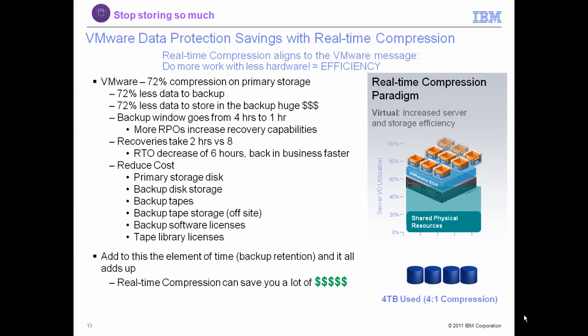Your backup windows shrink by a factor of 4. You're allowed to get more RPOs to increase recovery capabilities. Your recoveries take much less time, and you reduce your overall costs throughout your environment that you knew you were going to have to pay just by deploying VMware. So you can really get control over your storage growth.